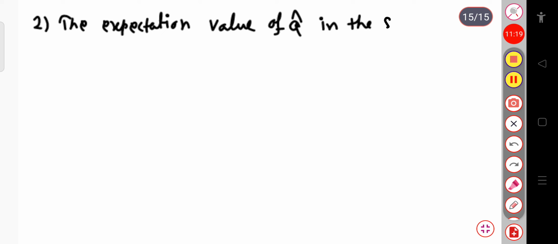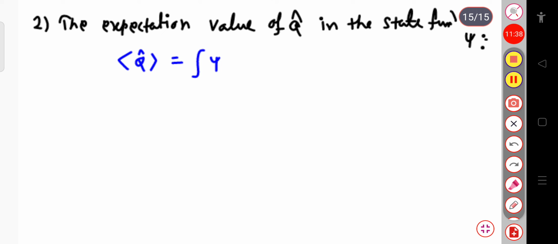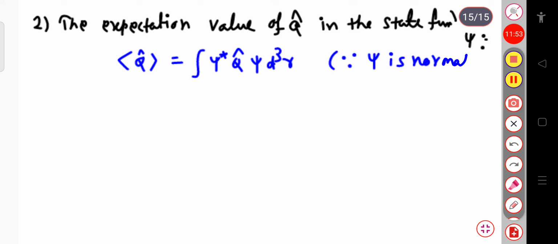So to calculate the expectation value, this is simply the average of this q cap, and when the function is normalized, it can be written as psi star q cap psi dqr. Since psi is normalized, we can write like this the expectation value of the operator. Okay.